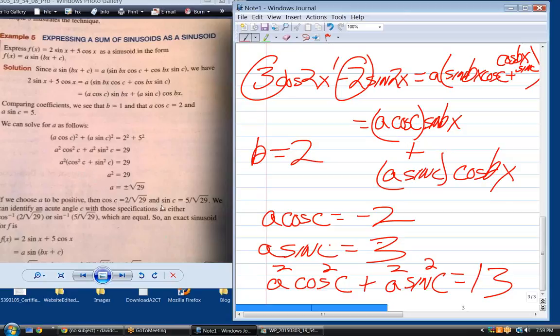I can factor out the a squared, leaving behind a cosine squared of c plus sine squared of c, which is 1. So a equals plus or minus the square root of 13.